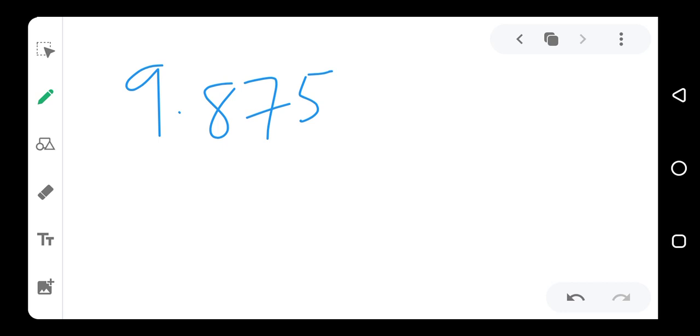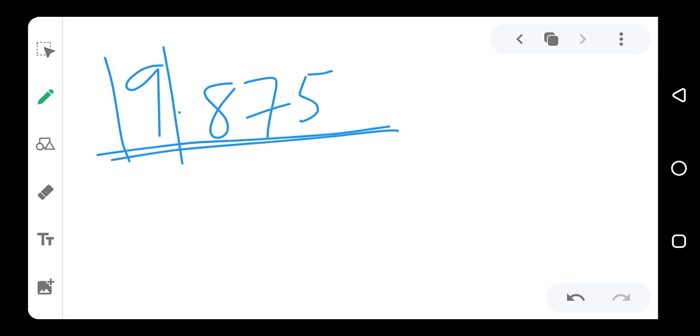This is in base 10, I want to convert it to base 2. Now this one is already in decimal points. So we start by converting. We convert the whole number separately, and we convert the decimal points separately.